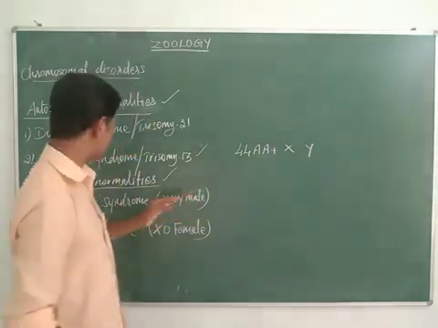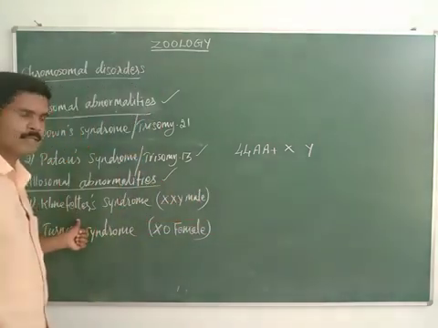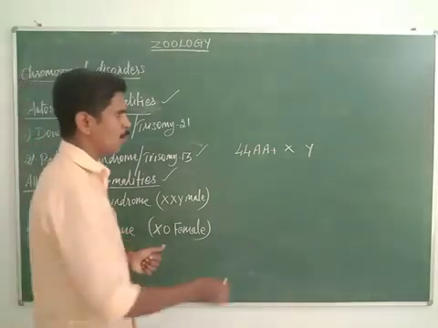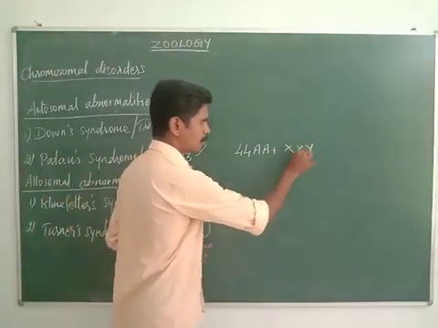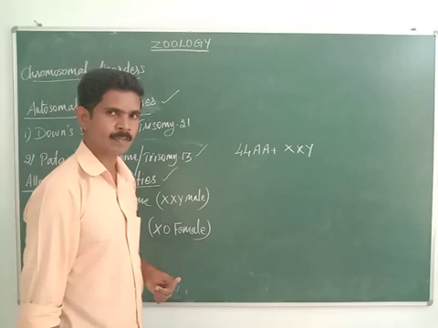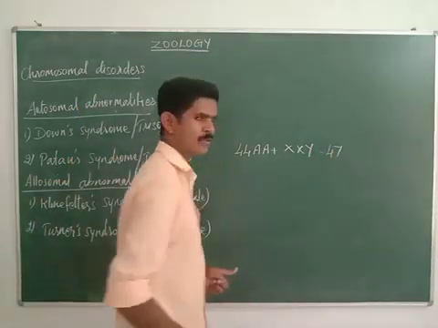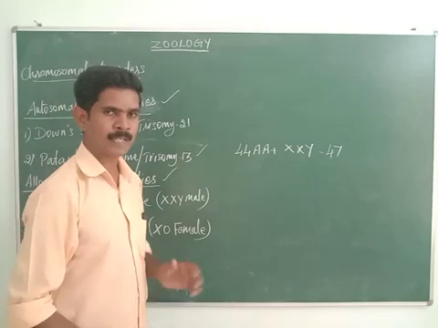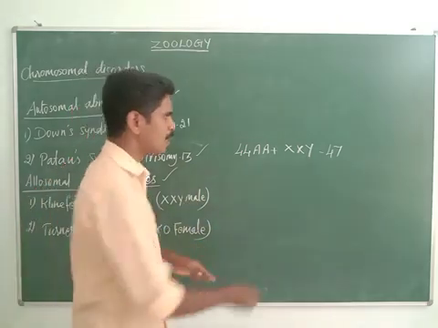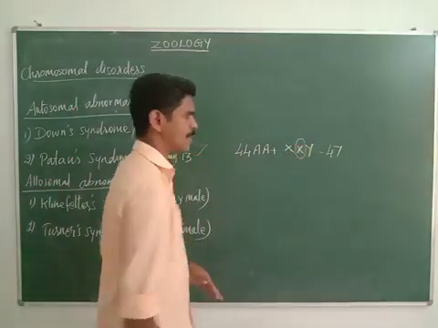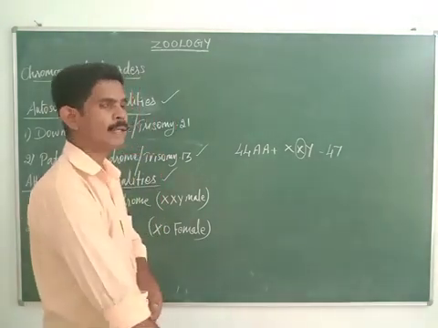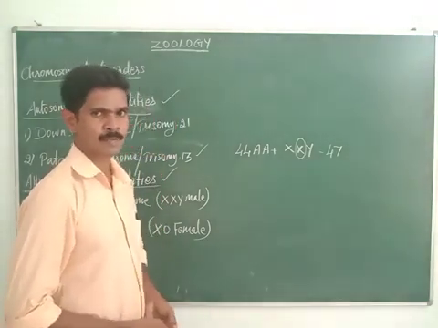But the person who is affected with Klinefelter syndrome has one more additional X chromosome in their body. So in their body, totally 47 chromosomes are there. Actually only 46 should be there, but here one additional X chromosome is added in their body cells, so they have 47 chromosomes.